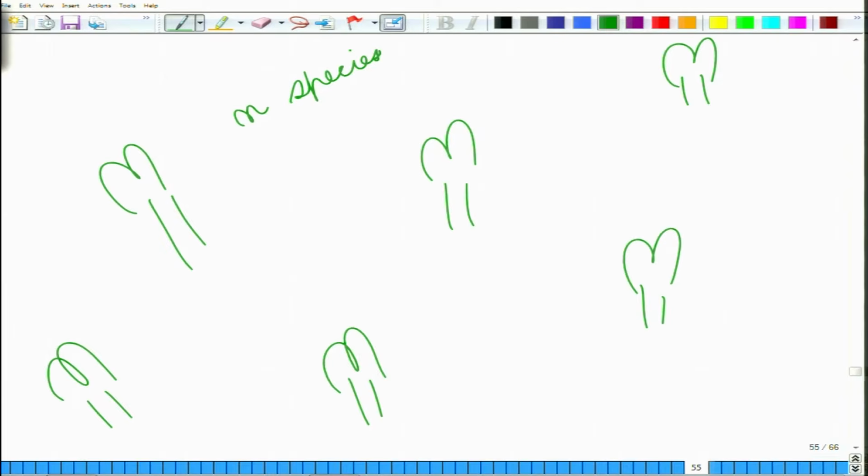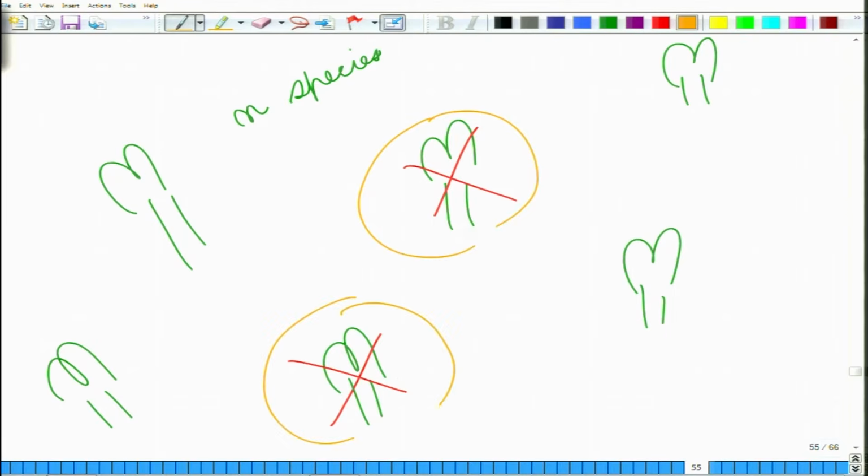Now, if you create some amount of disturbance by say chopping off a few trees, so these two trees are taken off, what happens is that the ground level, which was earlier not receiving any sunlight because this area was all full of trees, now has some pockets in which sunlight is reaching the ground.